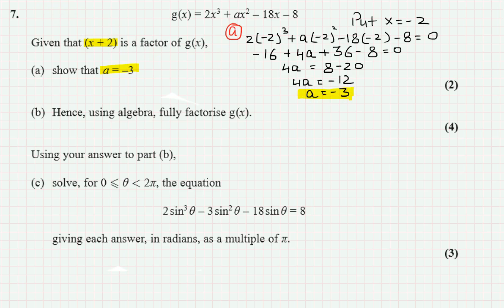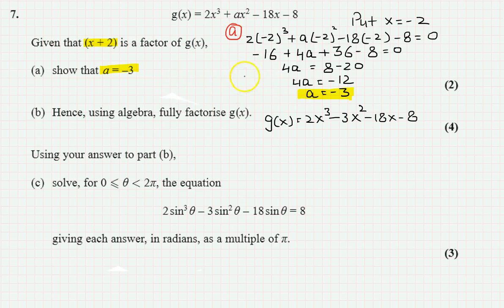That is correct. Now if a is minus 3, g(x) will become 2x cubed minus 3x squared minus 18x minus 8. Factorize it completely.